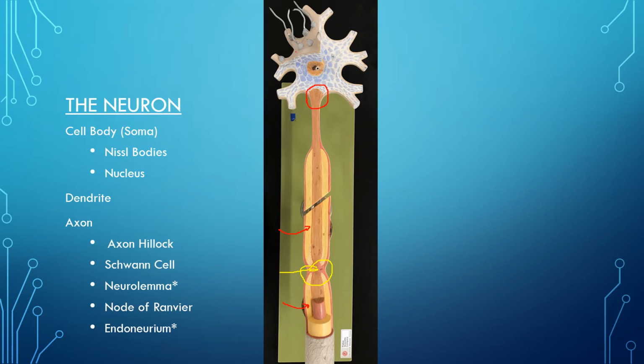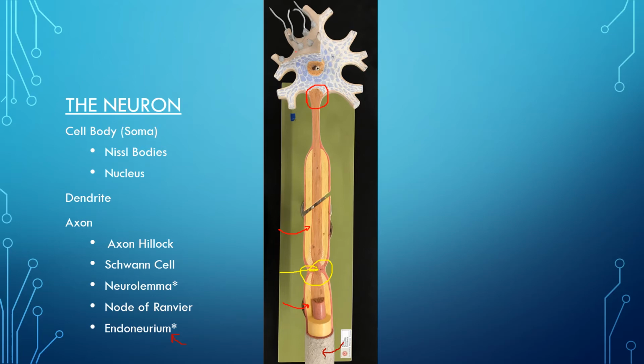The last thing that's in this figure is this kind of whitish covering that goes on around the outside of the neuron. This is called the endoneurium. Remember how when we were talking about muscle cells, we said that muscle cells have a layer that surrounds them called the endomysium, and then muscle cells get bundled together forming a fascicle, and there's a wrapping that goes around that called the perimysium, and then when you have a whole entire muscle, there's a wrapping that goes around that called the epimysium.